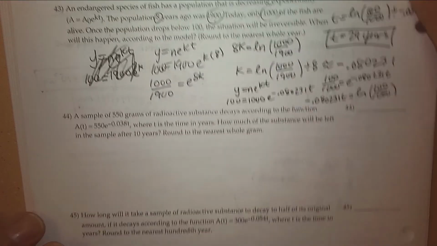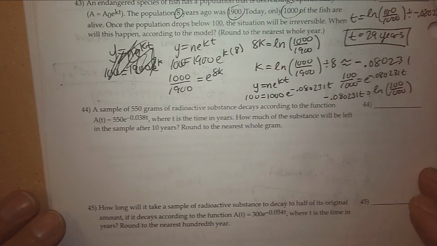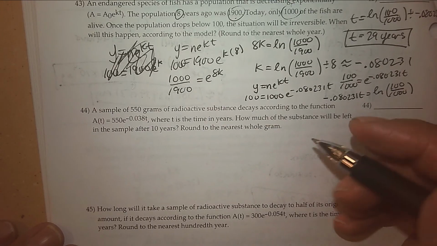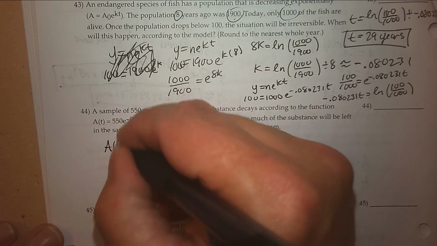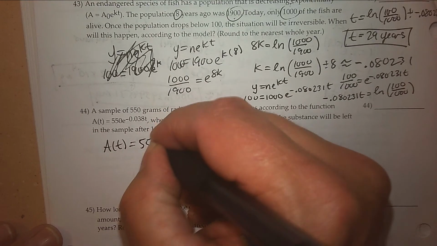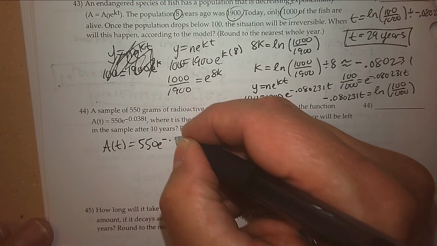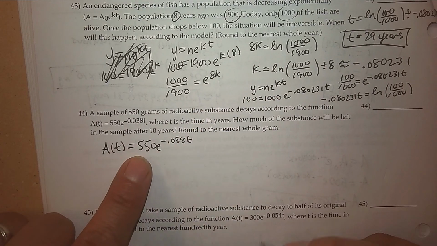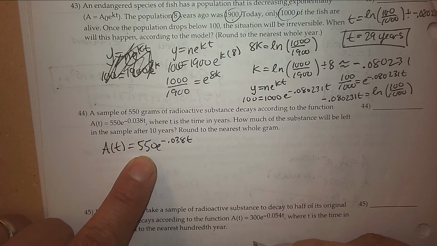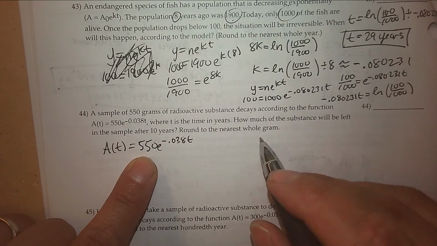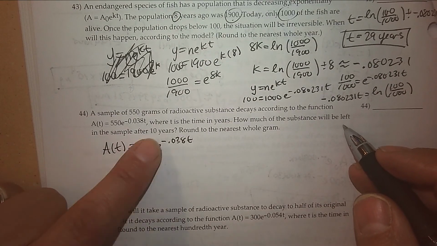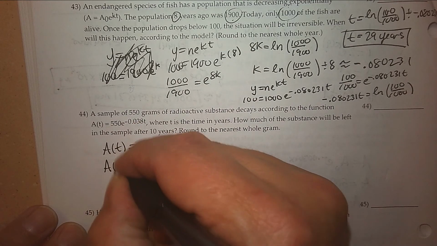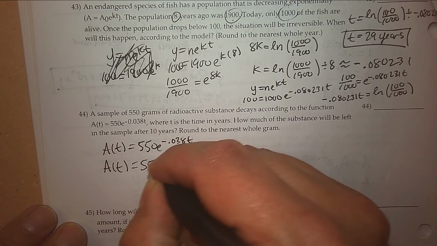44. A sample of 550 grams of radioactive substance decays according to this equation. So I'm going to write that down. It already gives you the decay rate, so I don't need to solve for it. And we started with 550 grams, so you can see where that is. It says how much of the substance will be left in the sample after 10 years. So I'm looking for the end amount, so that's the easiest question we could be asked.